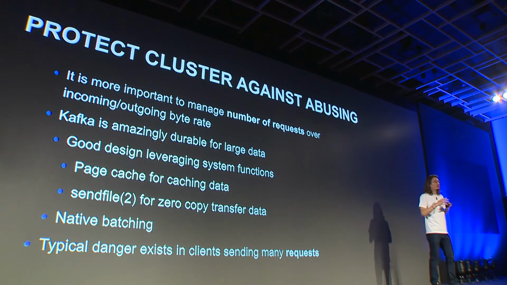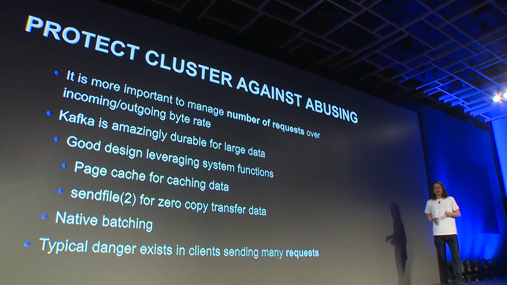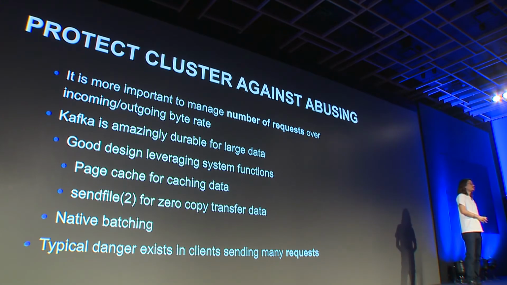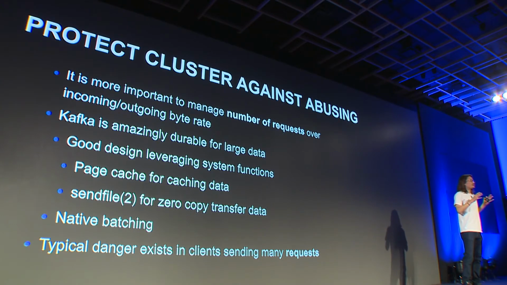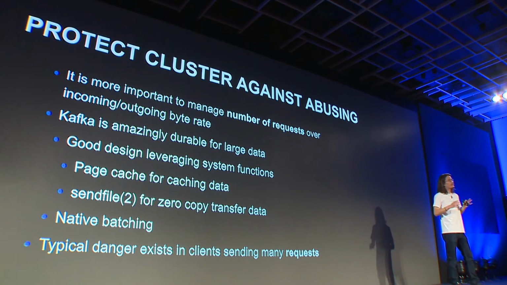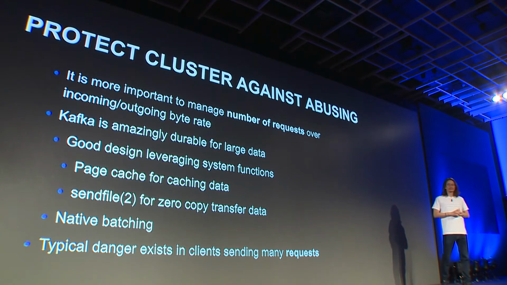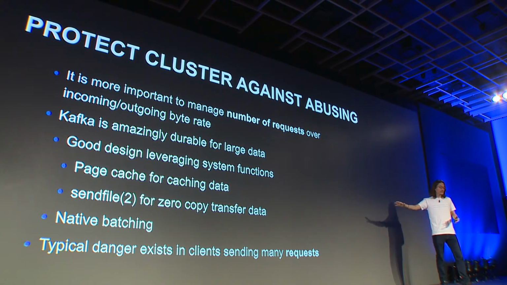From our experience, we know that in operating a Kafka cluster, rather than the data size, what's important is the number of requests. And Kafka is well designed for that. For example, Kafka doesn't have its own cache layer. Instead, it uses the page cache held by the operating system so that large data is not duplicated on the page cache and its own cache.